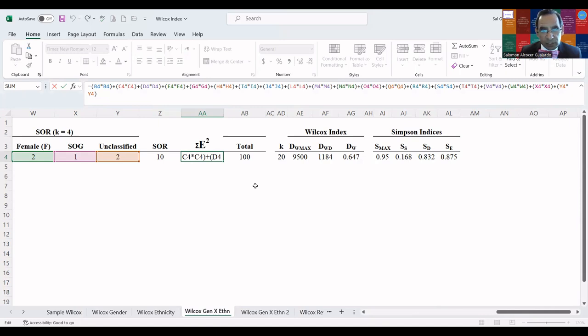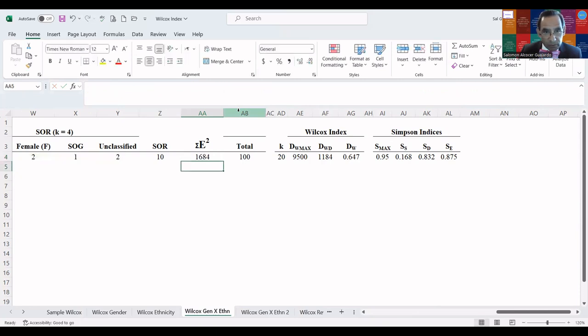In previous episodes, I used the power function, but because they have 20 groups, it's easier for me to put the frequency times the frequency. So in this case, for example, I have B4 times B4, which is the number of Asians that are male, plus C4 times C4, which is the number of Asians that are female, and so forth. So when I sum the frequency squared, this gives me 1684.